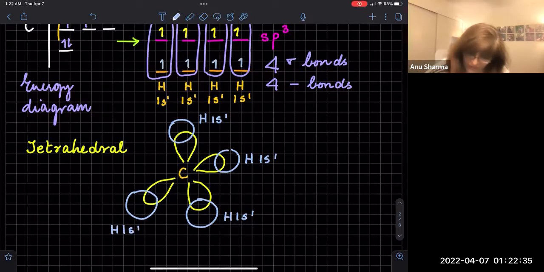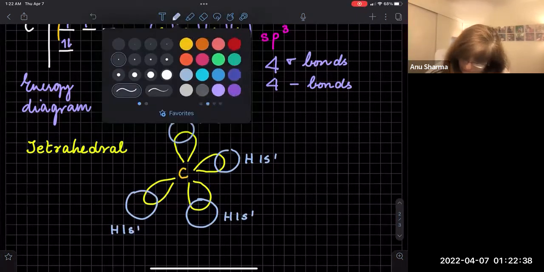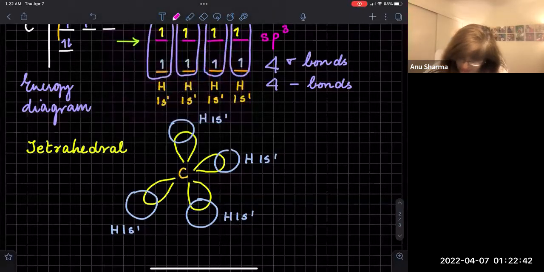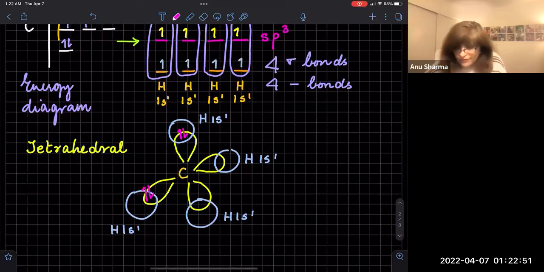Okay, now let's put the electrons, and I'm going to put it with this color. So this is the 1 electron of carbon and 1 electron of hydrogen. This is 1 electron of carbon, 1 electron of hydrogen, 1 electron of carbon, 1 of hydrogen, 1 electron of carbon, and 1 of hydrogen.